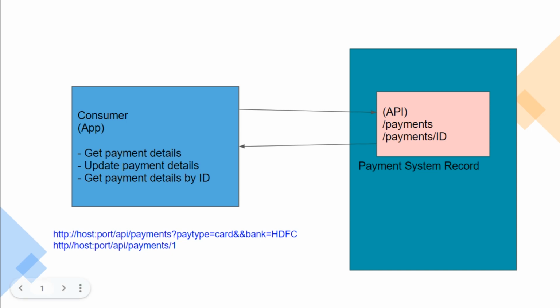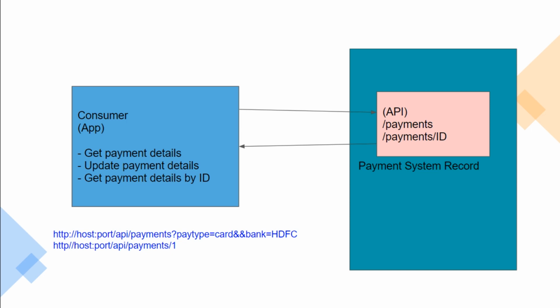In the second line, we have payment/1, which is considered as the ID. So ID is 1. Then what happens here? It will fetch the details for this customer ID. So in this case, the consumer app wants to make two API calls: get payment details, update payment, and get payment by ID. So the payment system record will expose these APIs now.